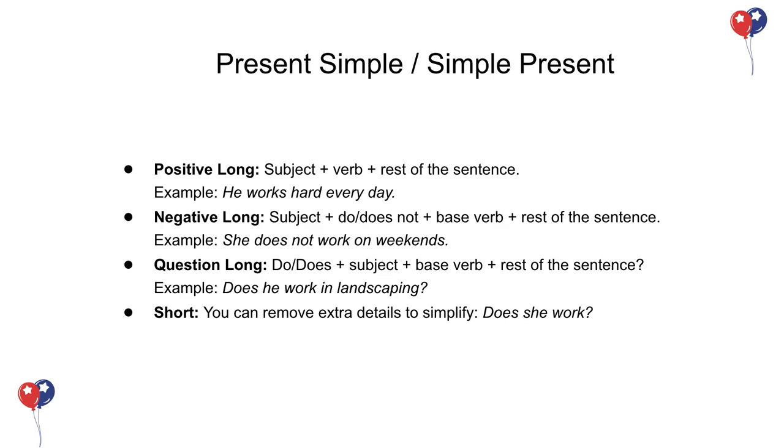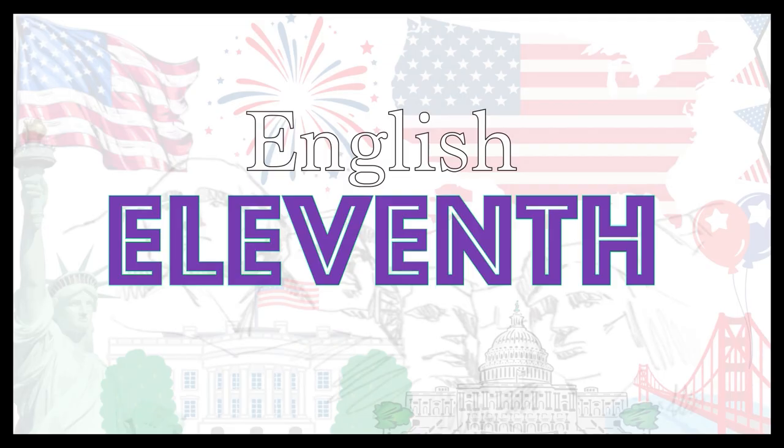So it would be, does she work? So if we can review again, the examples would be like this. He works hard every day. She does not work on weekends. Does he work in landscaping? Does she work?